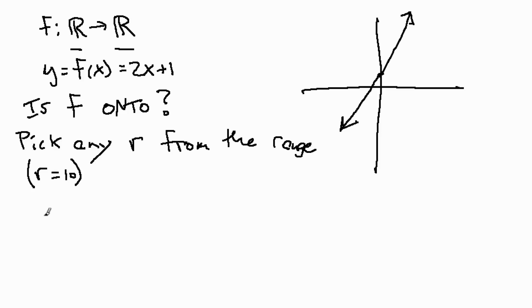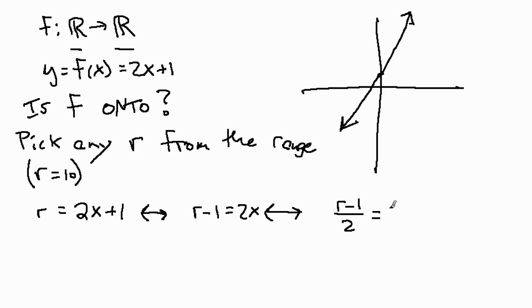Well, if it's the range, then r is equal to 2x plus 1, which means that r minus 1 is equal to 2x, which means that r minus 1 divided by 2 is equal to x.